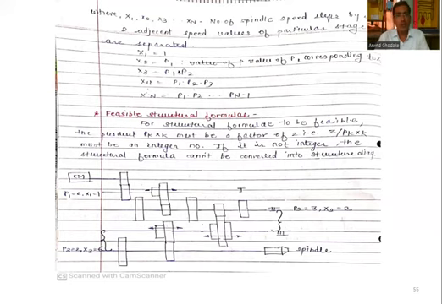In this way we can develop the structural formula. For a structural formula to be feasible, the product Pk^xk must be a factor of Z, that is, Z divided by Pk^xk must be an integer. If it is not an integer, the structural formula cannot be converted into the structural diagram.